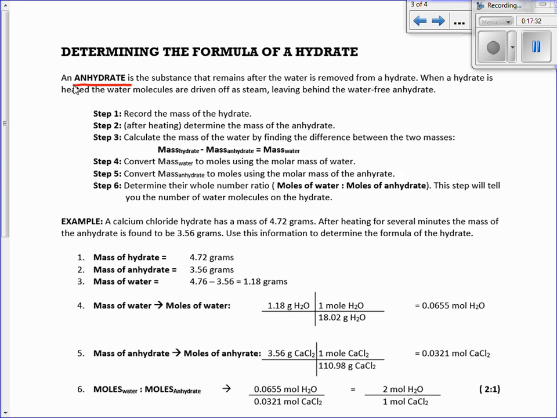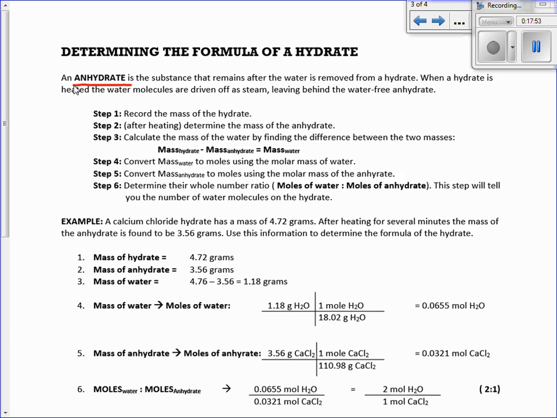Before you heat them, it's the hydrate because the water's in there. But once you heat them up, the water does what? Evaporates out. Very good. So the crystals that are left behind with no water in them are called anhydrates. Okay? So it's like the opposite of having water.